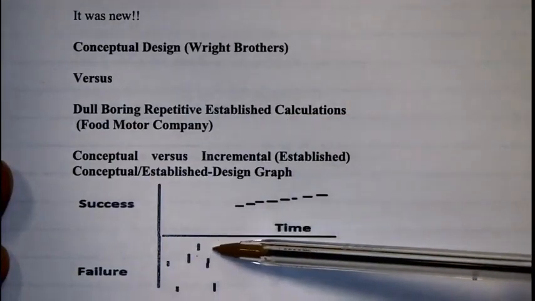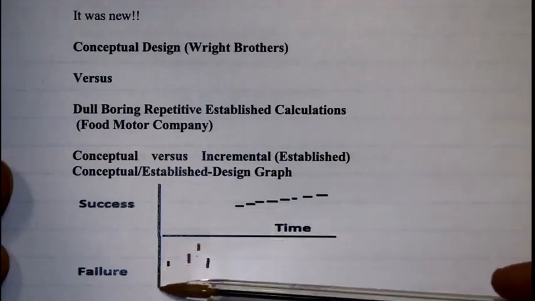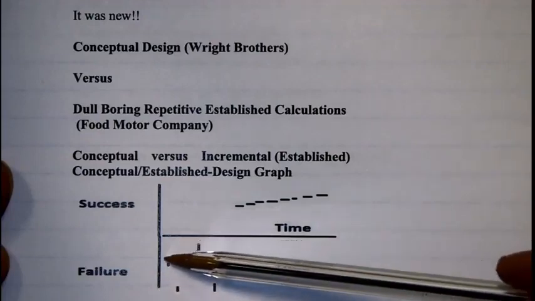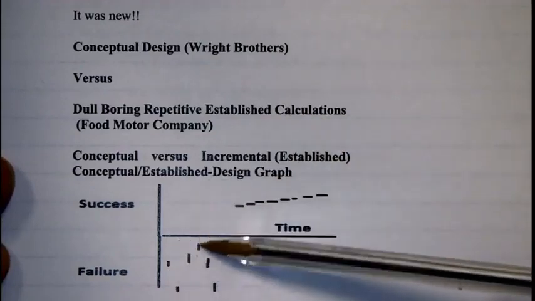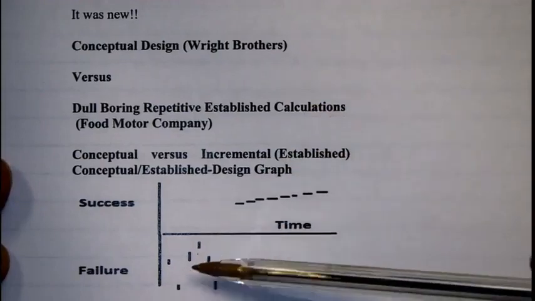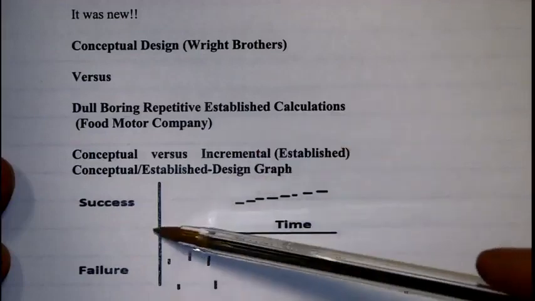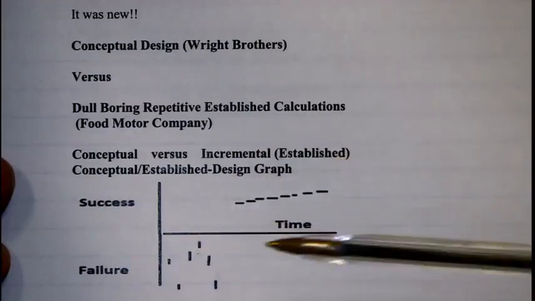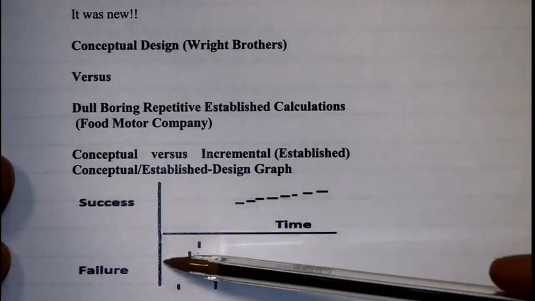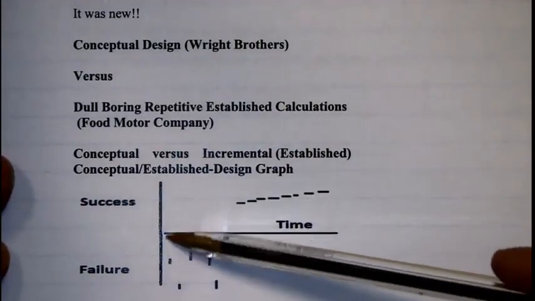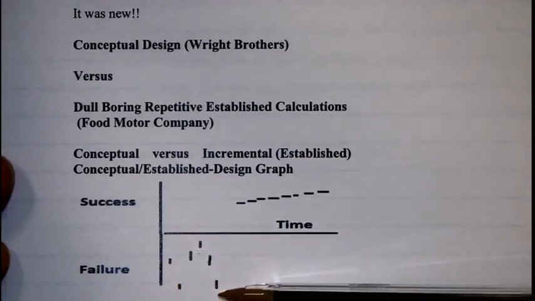Now, conceptual design is all about attempts to get a working process or a working device or whatever. In that area, you're going to have an awful lot of failures. So it's going to fail. And it took the Wright brothers 4 years to actually develop the airplane, or their flying machine. You turn around and talk about DuPont with the TiO2 process.